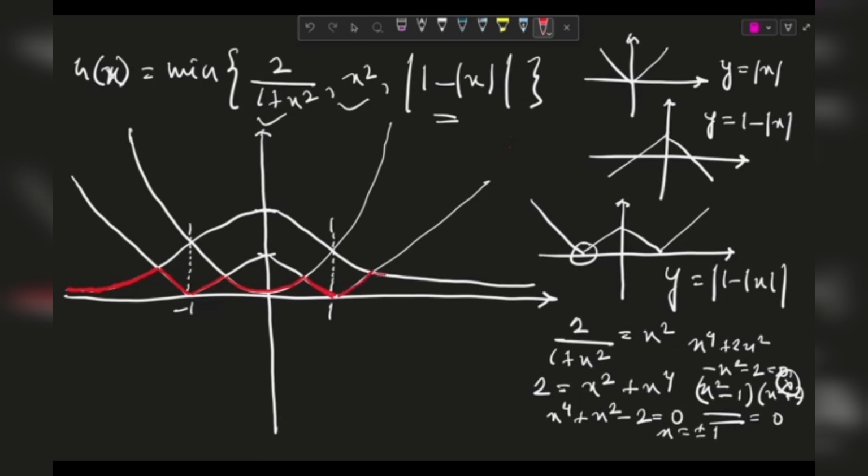And finally it will go like this. Yeah, something of this sort. So these red mark points are actually points of non-differentiability because they have sharp corners. I will also write h of x in red color.